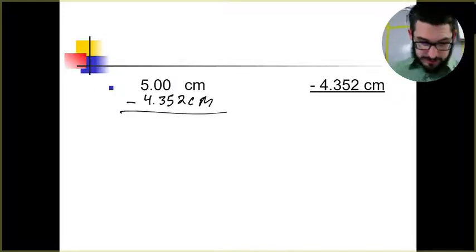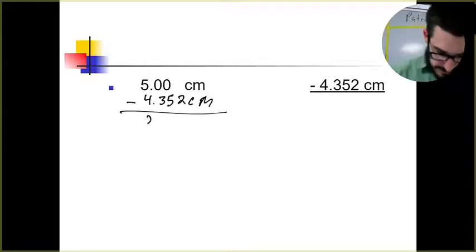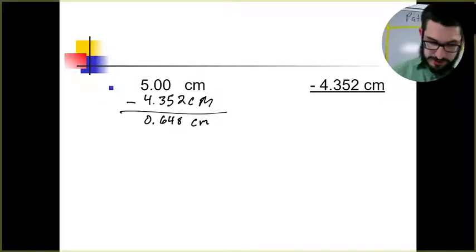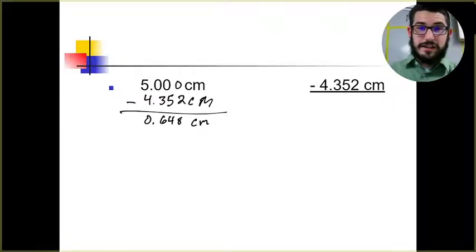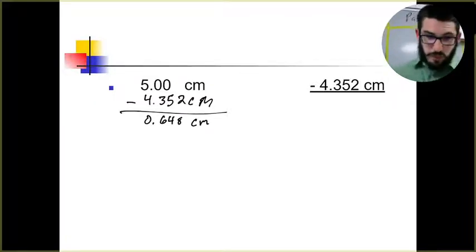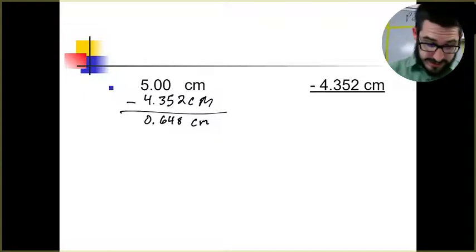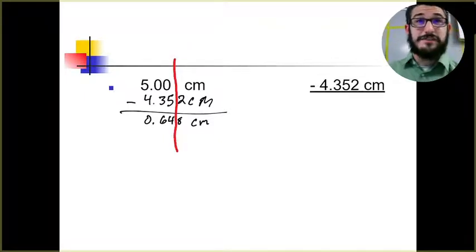When I subtract that, I should get 0.648 centimeters because I've got a 0 right there. But when you do that, you've got to look at what is my least precise digit that I can keep.